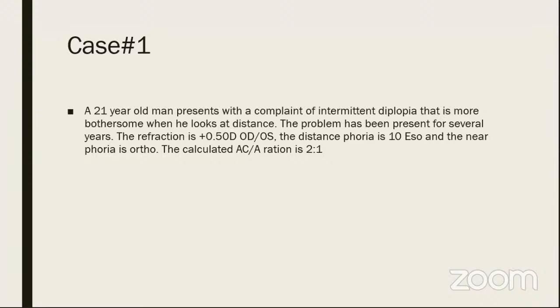The key points to see here are intermittent diplopia at distance, the distance phoria is greater than the near phoria, and of course the AC/A ratio is low. This is a case of divergence insufficiency. What my concern here is the refractive correction.